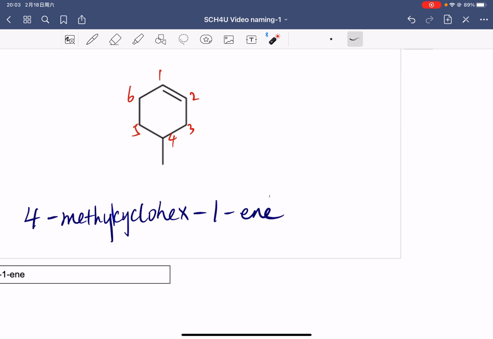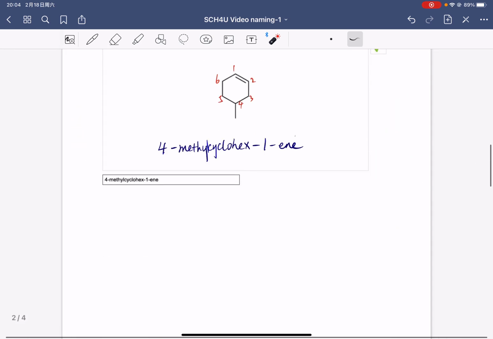Cyclo for the cyclic shape, hexene, hex for the 6 carbons of its main chain, and 1 is where we have the double bond, on the 1st carbon. And ene is the double bond. So that's the name for our alkene.